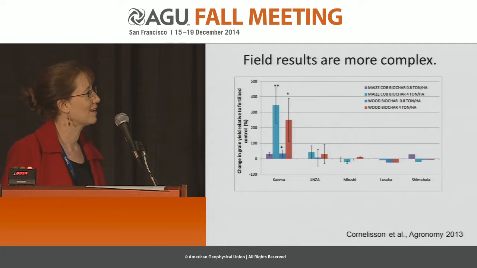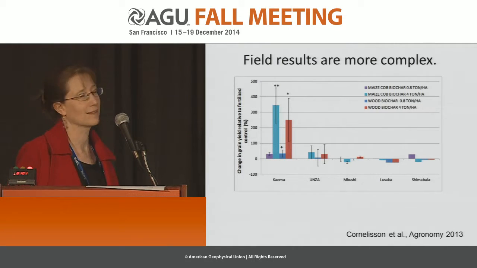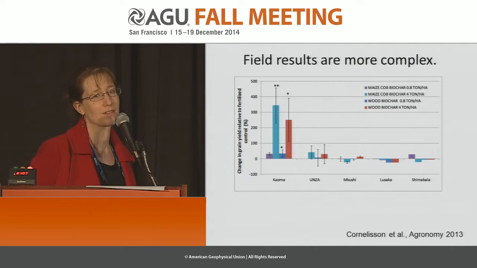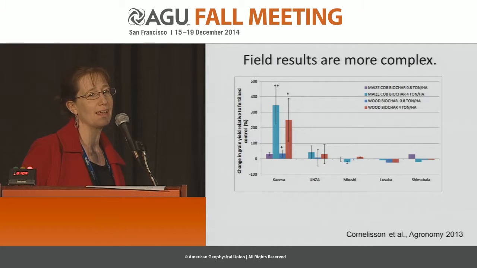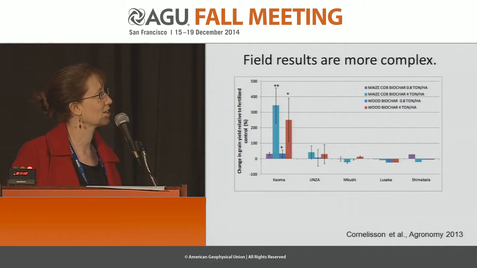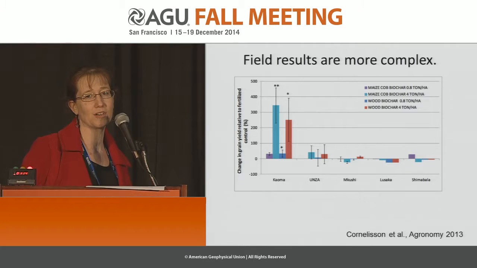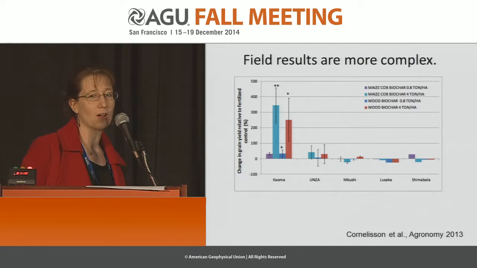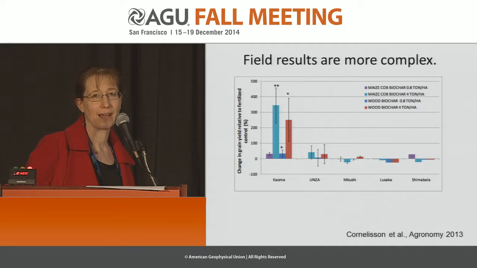And they saw yield results that, if averaged, match lots of the data that many people observe for yield results, plus or minus about 10% increase in yield. But they see it occurring as a 300% increase at one site and no change in the other four. And so our field results are complex.